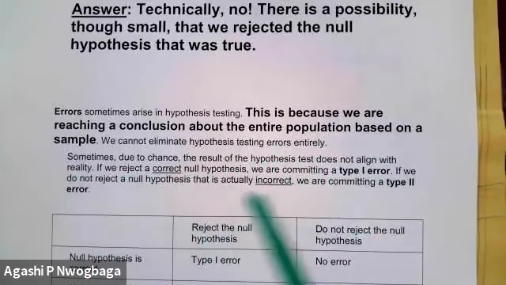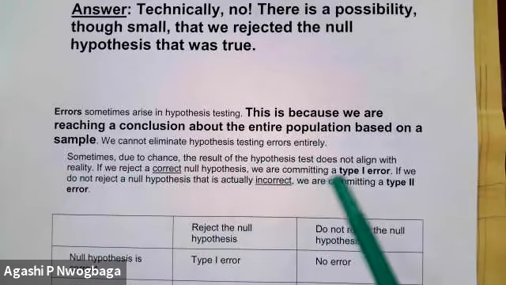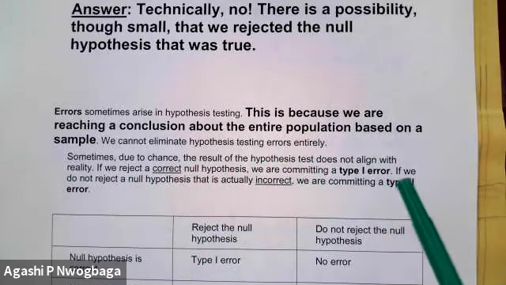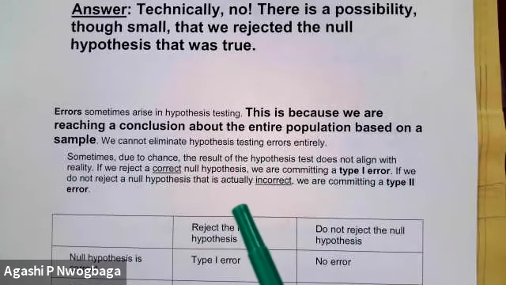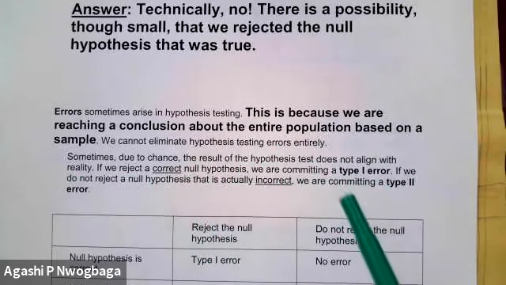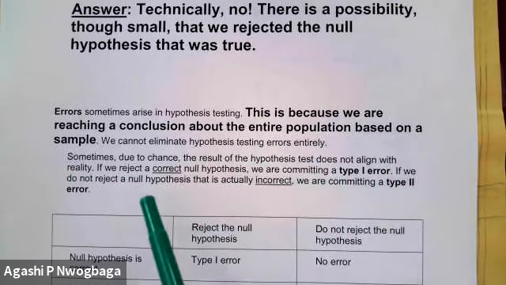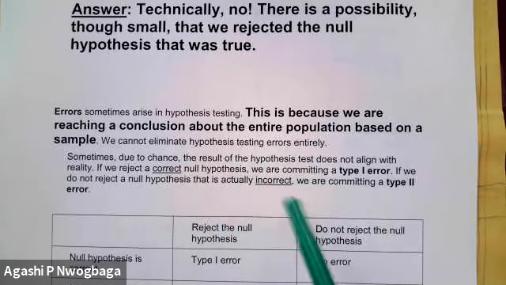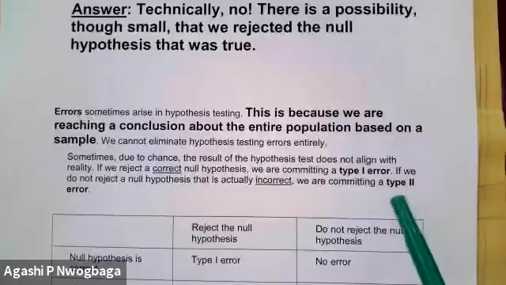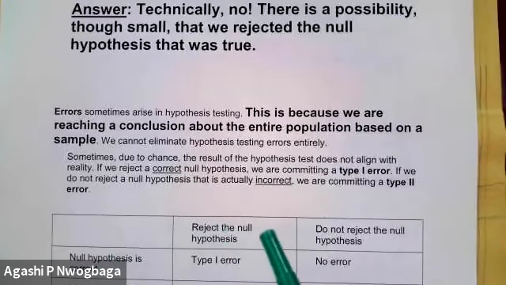Sometimes, due to chance, the result of the hypothesis test does not align with reality. If we reject a correct null hypothesis, we are committing a type 1 error. If we do not reject a null hypothesis that is actually incorrect, we are committing a type 2 error.